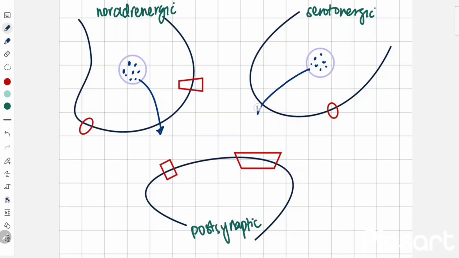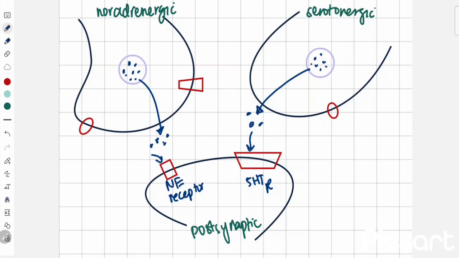So in noradrenergic, we have a lot of NE, norepinephrine here, and in serotonergic, we have a lot of serotonin in this vesicle. What is going to happen is that norepinephrine and serotonin are going to get released into the terminal, and they are going to activate their receptors. This is an NE receptor and this is a 5-HT receptor. But what we need to do right here is increase the serotonin and norepinephrine in the synaptic cleft.